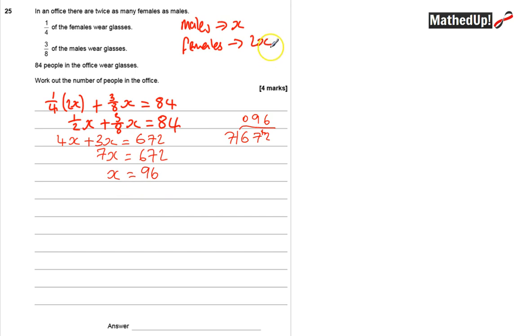So the number of females is going to be 2x. So the total must be all the males and the females added together, so it's going to be 3x. So the total equals 3x, so that's going to be equal to 3 times 96, and 3 times 96 is going to be 288. So our answer over here, the total number of people in the office is going to be 288.